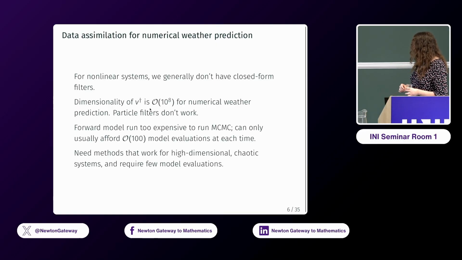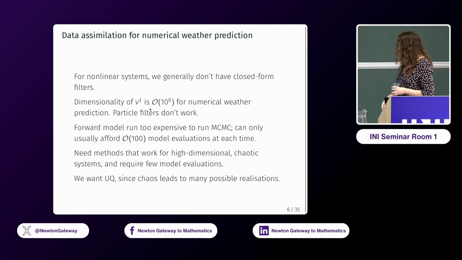So we need methods that work for high-dimensional chaotic systems and require few model evaluations. And we want uncertainty quantification, since chaos leads us to many possible realizations if we have any uncertainty in the initial conditions.